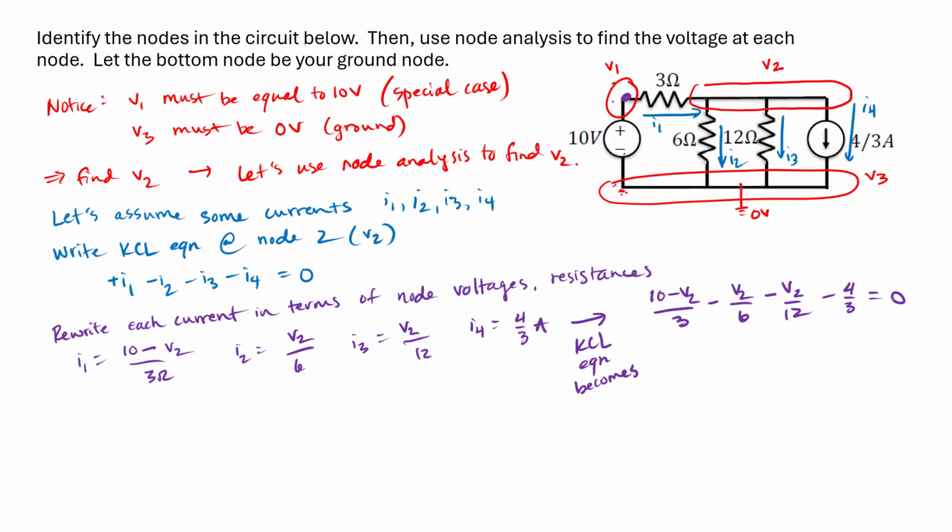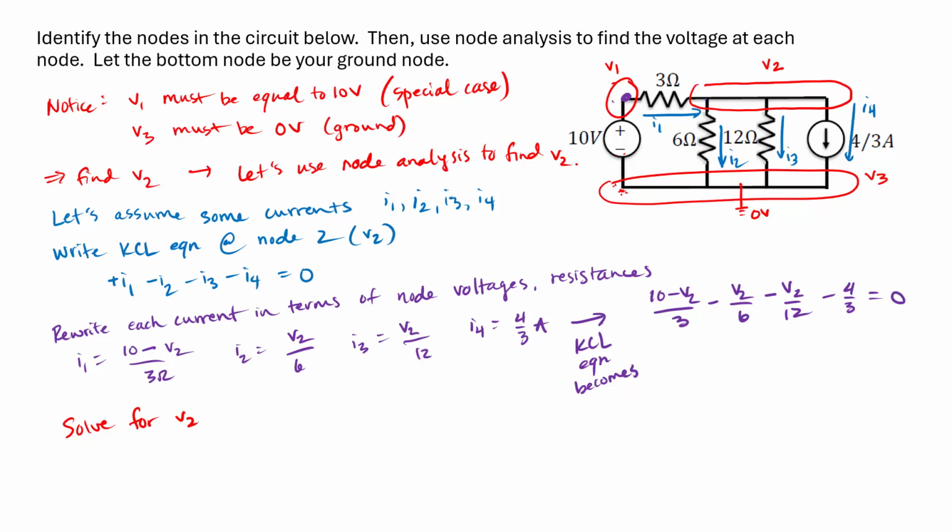Our last step here is to simply solve for V2. And we'll see if we multiply all the stuff in our equation by 12, I like to do that to get rid of fractions.